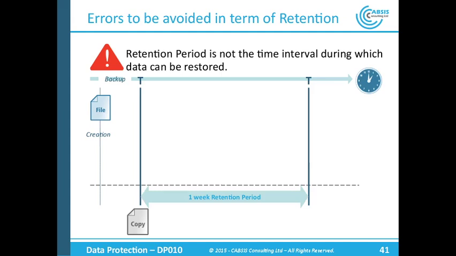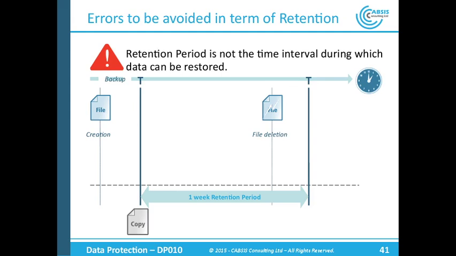So in our example, you set a 1 week retention period for the data. So it means that the next backup, which is scheduled, for example, 1 week later, will also be the same as the end of the retention period. Now, considering that a user is going to perform a file deletion, let's consider that the file deletion occurs on Friday, at the end of the week, as an example.